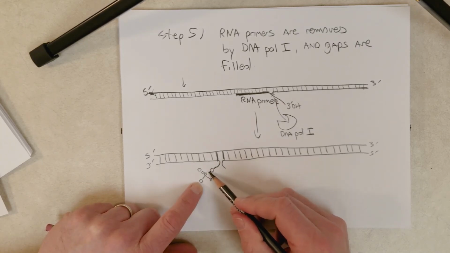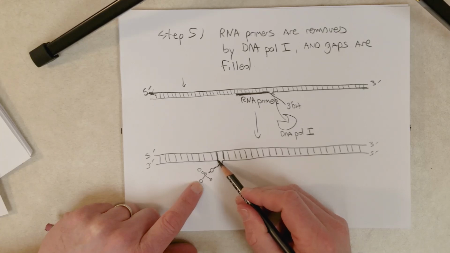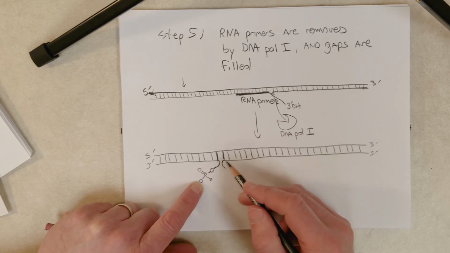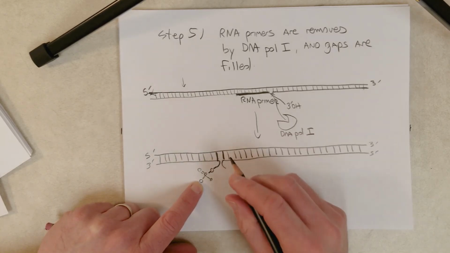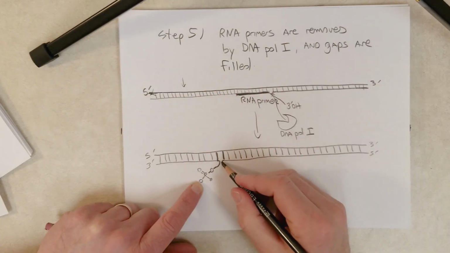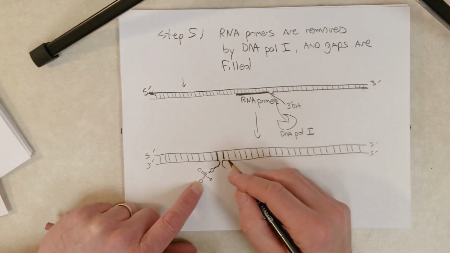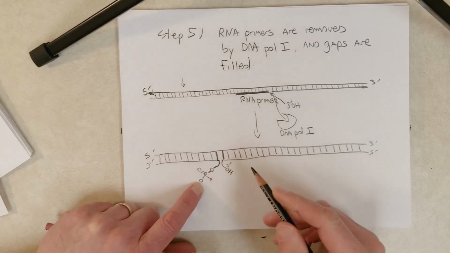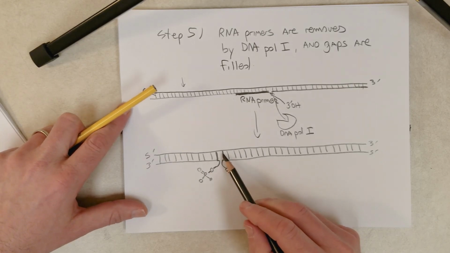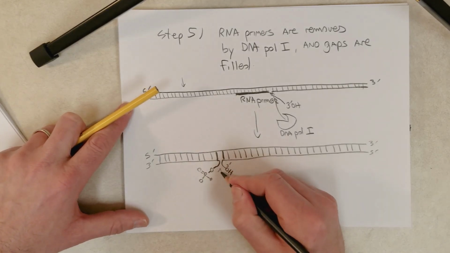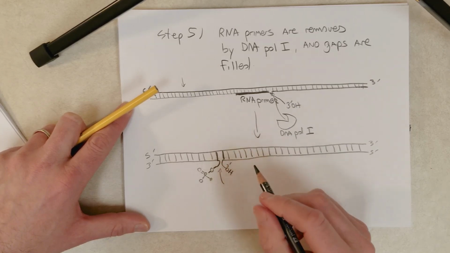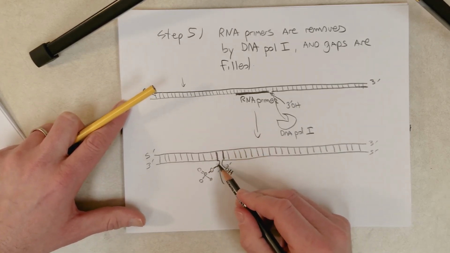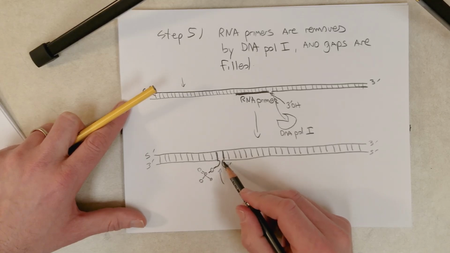A 5' phosphate means the phosphate is attached to the 5' carbon of the downstream nucleotide, the nucleotide immediately downstream of the position where DNA polymerase I fell off the template, and a 3' OH group from the last nucleotide it added to the template. So this is called a nick. When all the bases are present, but there's no phosphodiester linkage between the two bases, that's called a nick.